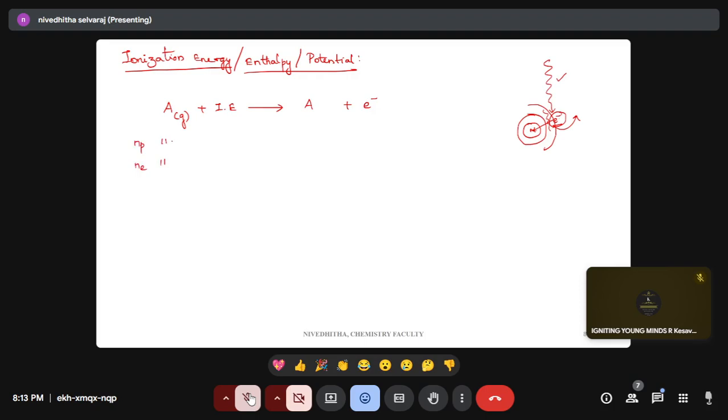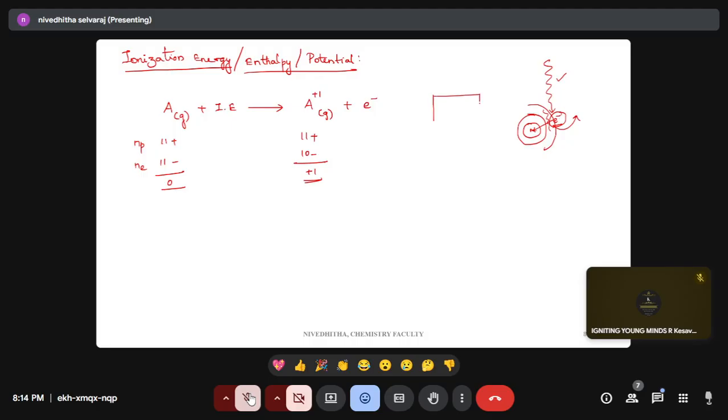So this contains 11 positive and 11 negative charges, and initially the charge is 0. It was a neutral system. But after removing an electron, there will be 11 positive charges and just 10 negative charges. So there will be one positive charge on the atom. Now this atom has been converted into a cation, and the minimum amount of energy required for this conversion is called ionization energy.